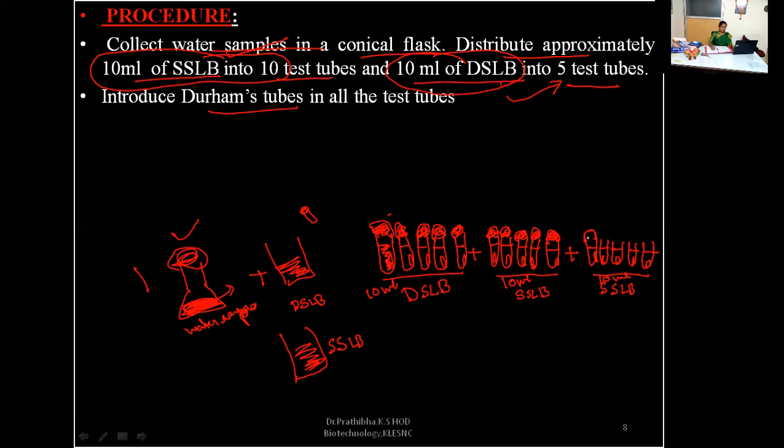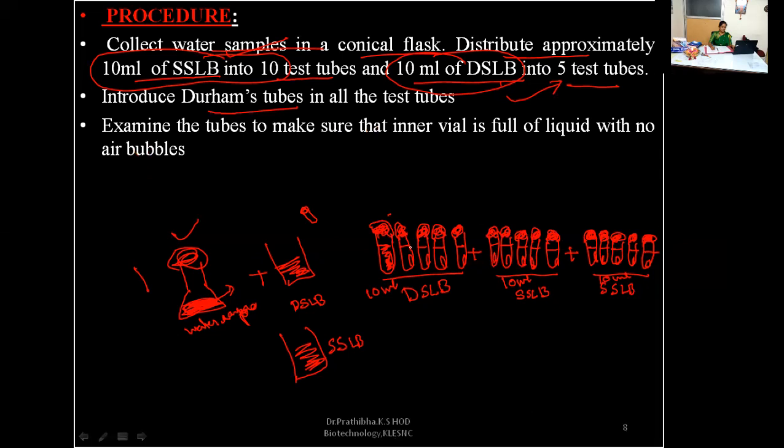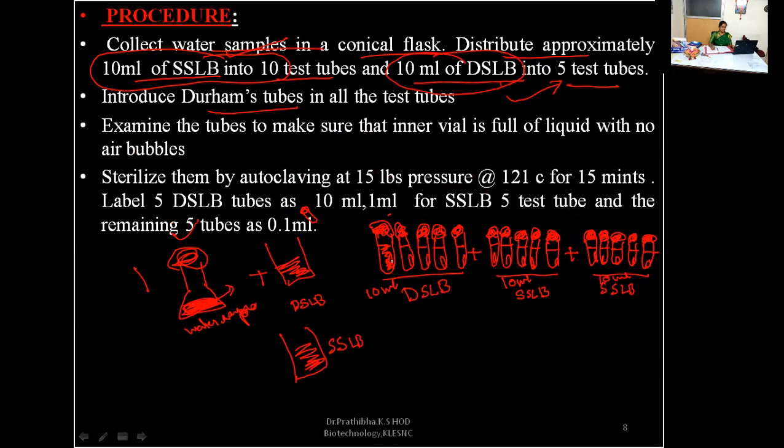Once you plug all the test tubes with cotton, next, on top of the label you have pasted, kindly write. All these test tubes you need to label as 10 ml water sample.